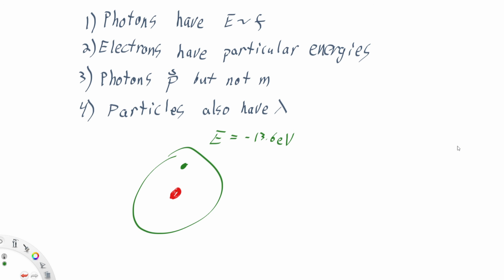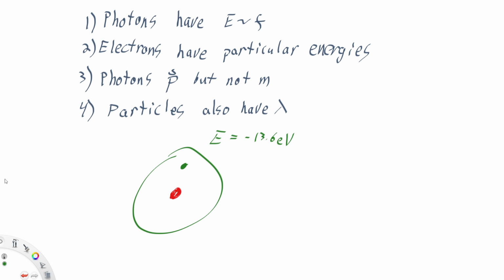We know that because that's how much energy it takes to ionize hydrogen. And that's the same for every hydrogen, right? So all hydrogen in their ground state has a binding energy of 13.6 electron volts. That's the only energy that a ground state electron in a hydrogen atom is allowed to have.